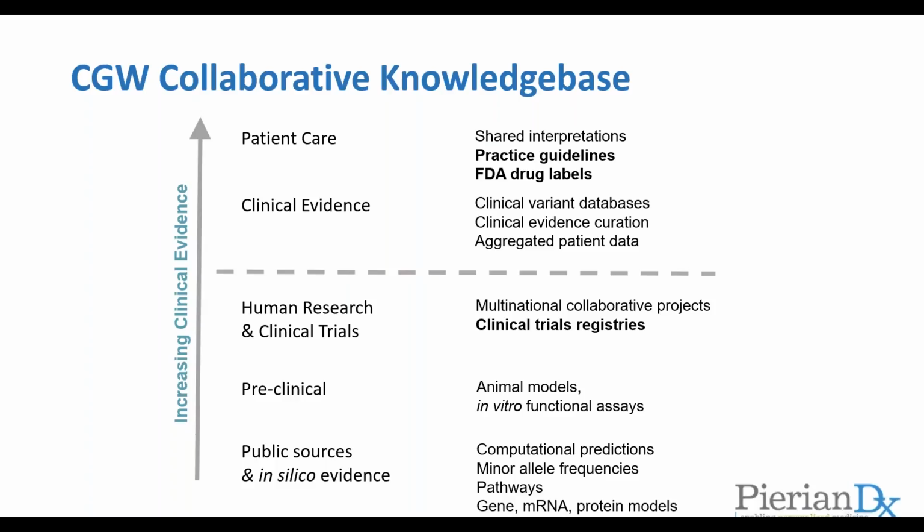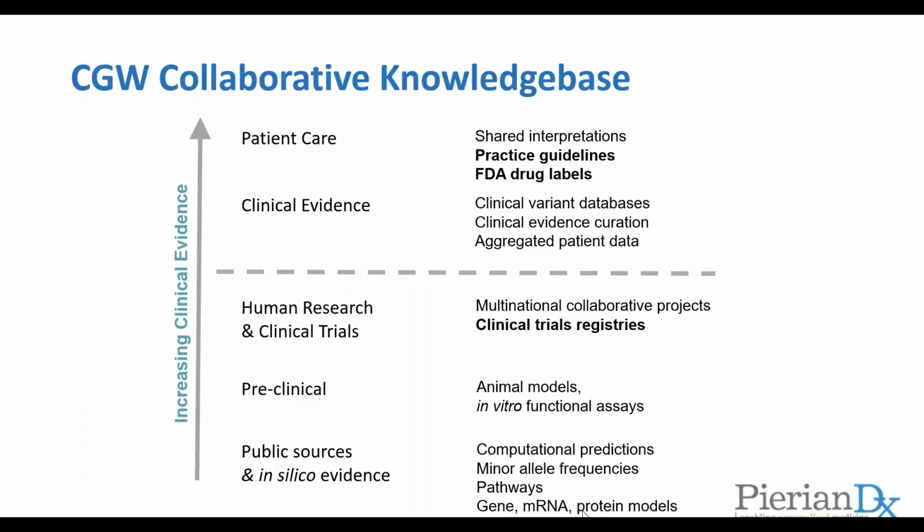We have sort of a broad range of sources, both publicly available and some that we curate to some extent and some that we curate heavily that are proprietary sources, as well as user-curated content. That's the shared interpretations that users of CGW write and save to the knowledge base.